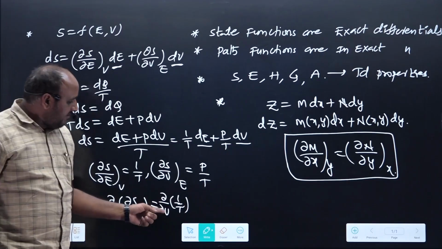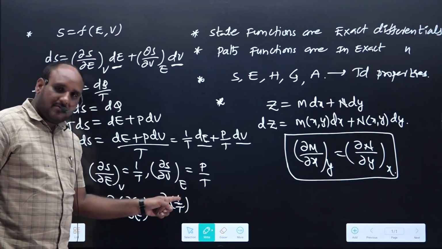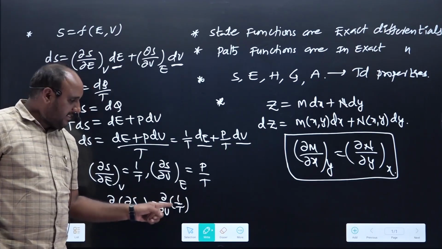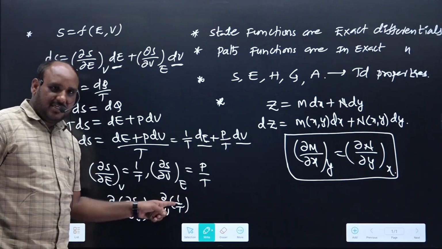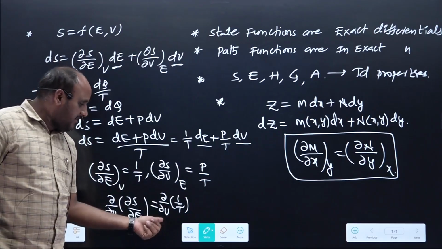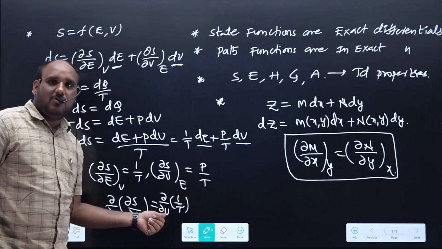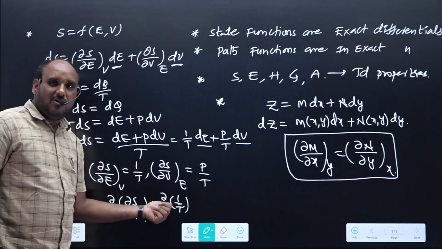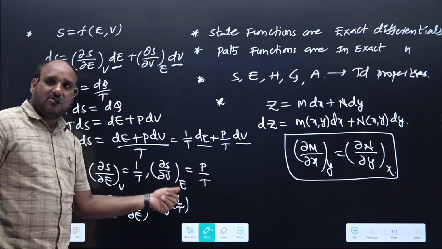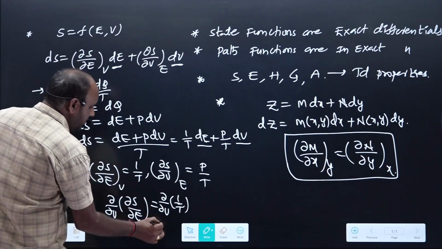Whenever we differentiate with respect to volume, is this T constant or not? Only a temperature term is there here. Temperature is constant; we are differentiating with respect to volume only. If any volume term were there, that could be differentiated, but there is no volume term. Therefore this is a constant. Constant differentiation is what? 0.